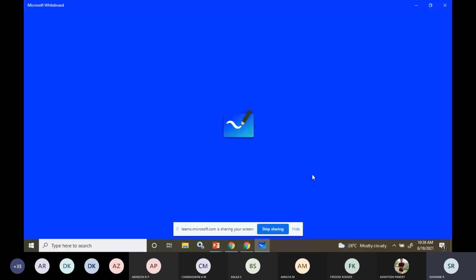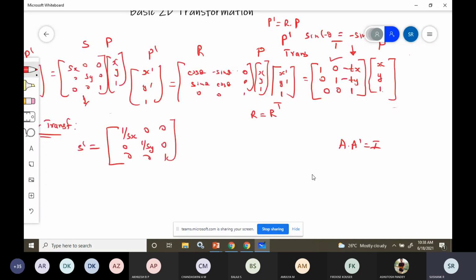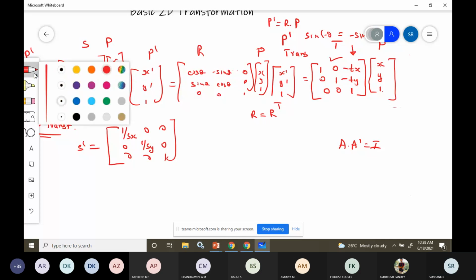So the pure red color will have some frequency. If you are adding white color to that red color, what you will get is the lighter version of the red color. So that is not the pure color. You can check the combinations also. So this will be the dark red.